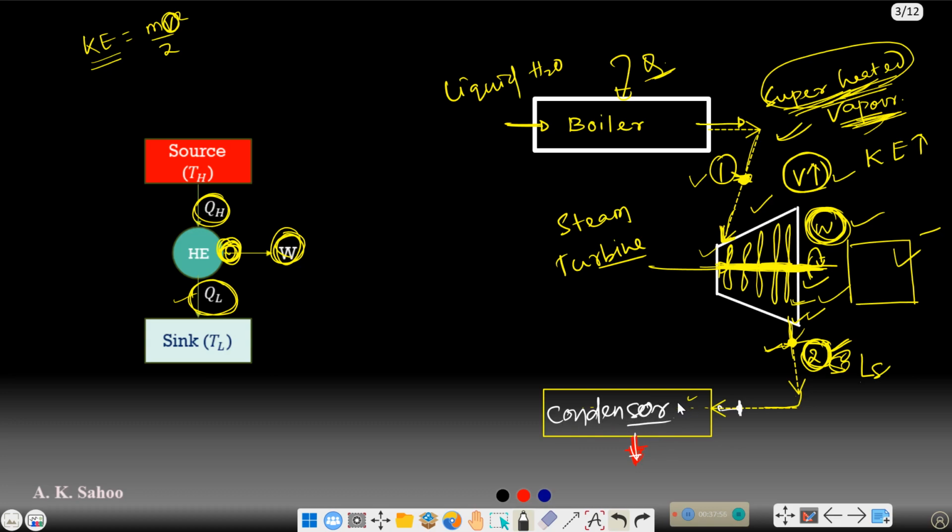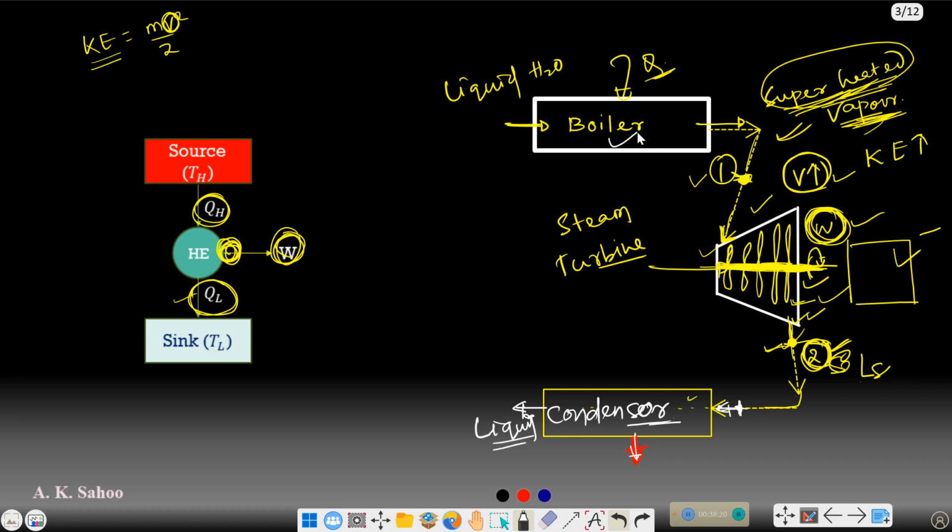Before decreasing its temperature, first of all it will try to convert into liquid, right? That means in this case the vapor is entering the condenser and at the exit we will be getting the liquid. I hope it is clear, right?